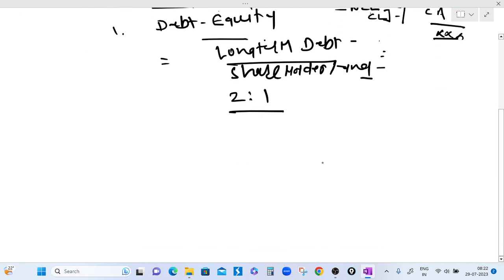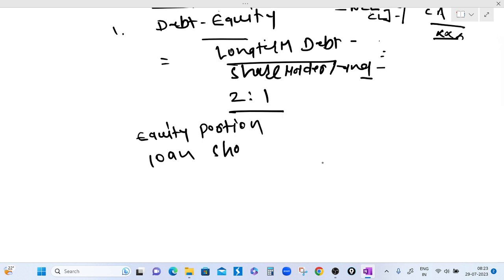It means the business is completely dependent on the loan, and in the future if things do not go as per management's expectations, then the business won't be able to repay that amount, and that is why it is considered more risky. So it is advisable that your equity portion should be more and your loan should be less.